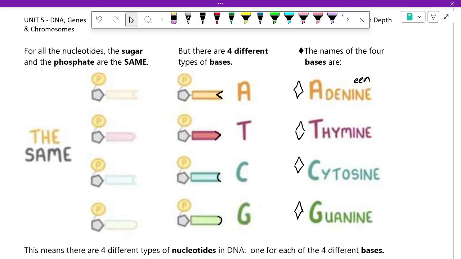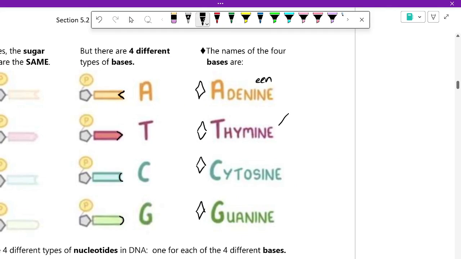What about U? U is actually only in RNA. So thymine is in DNA. U, which is uracil, is in RNA.